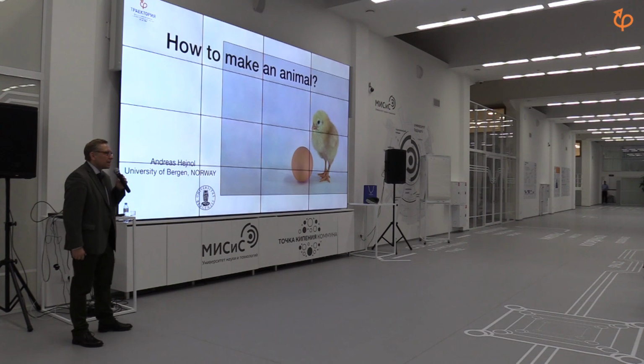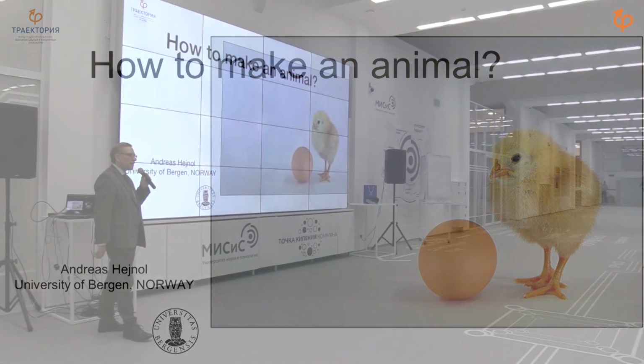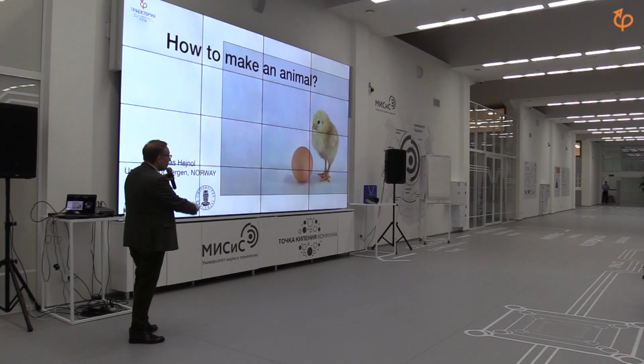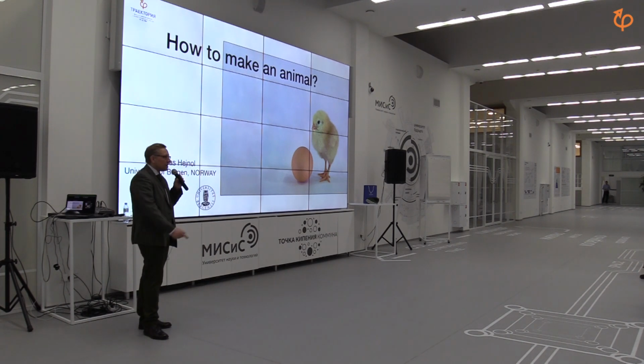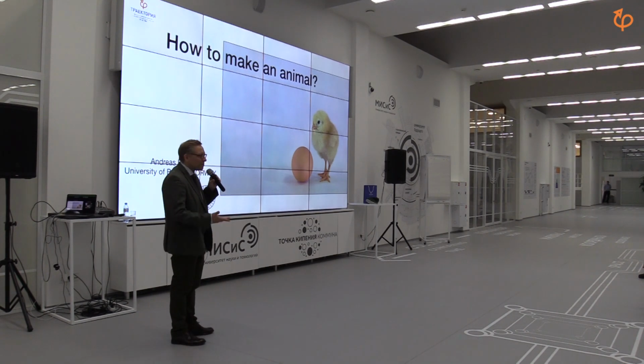And the topic of the talk is the question of how to make an animal, right? It's symbolized here with an egg; you're likely more familiar with the egg than the chicken, depending on where you grew up.